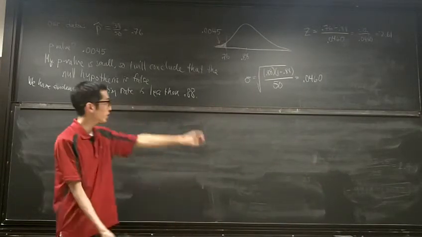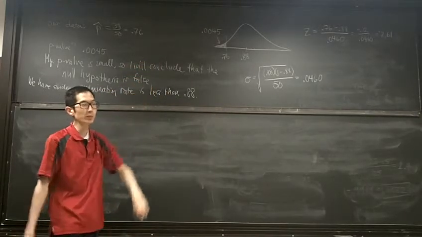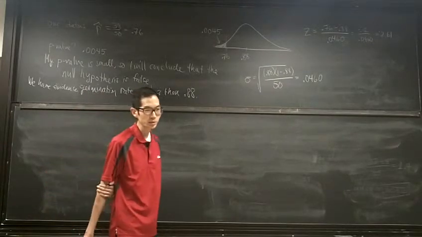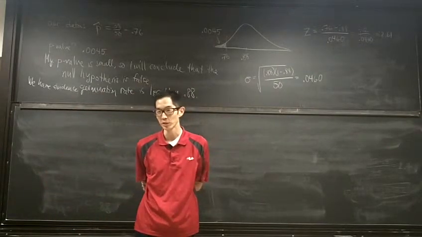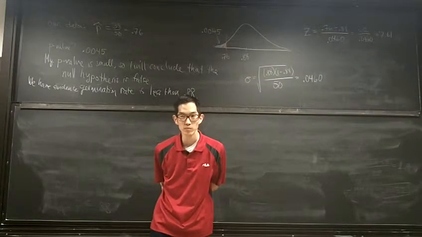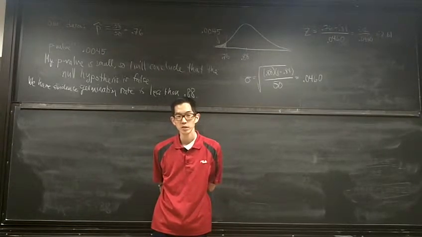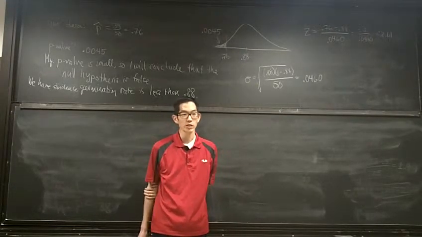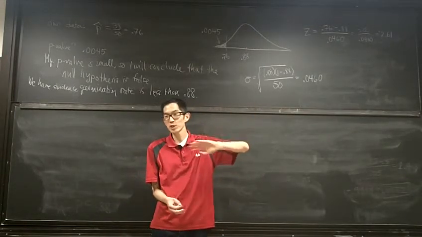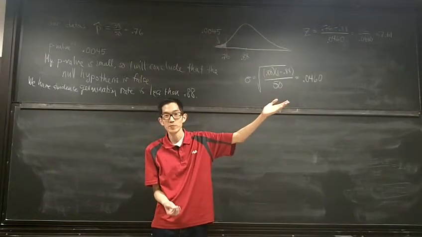So here my p-value is like 0.0045, okay? If my p-value is 30%, would you say we can reject or we shouldn't reject the null hypothesis? We shouldn't, okay? If the p-value is 30%, that means just from random chance, this thing happens 30% of the time, okay?